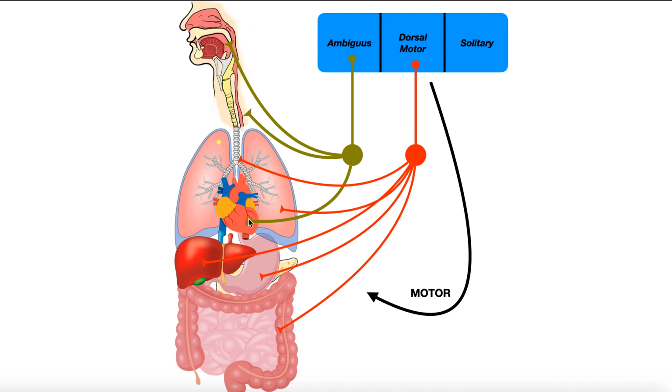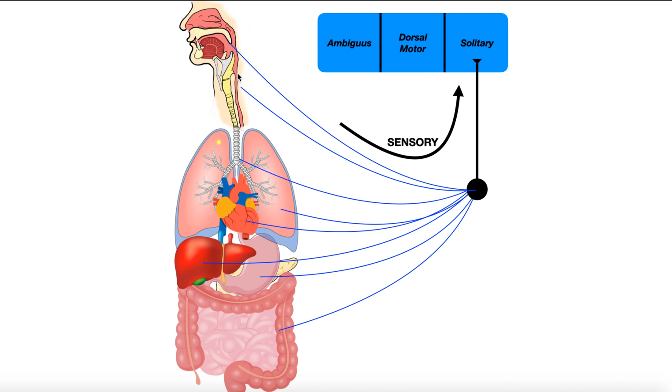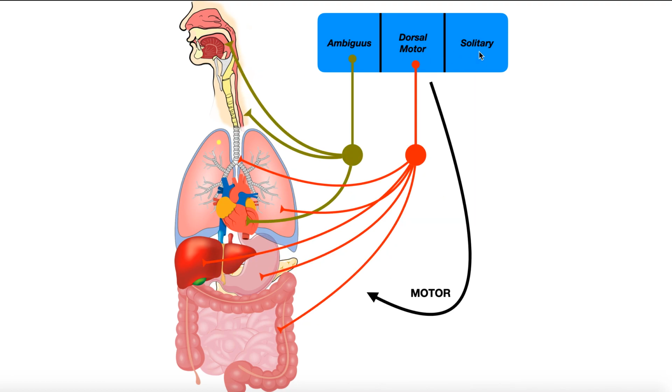The heart actually has fibers coming from the nucleus ambiguus. And then the dorsal nucleus is going to get structures including the trachea and below, of course, with the exception of the heart right here. And so hopefully you can see the logical flow of these nerve fibers. All these afferent sensory fibers come into the solitary nucleus, then the motor fibers coming from the nucleus ambiguus and the dorsal nucleus out to the periphery.